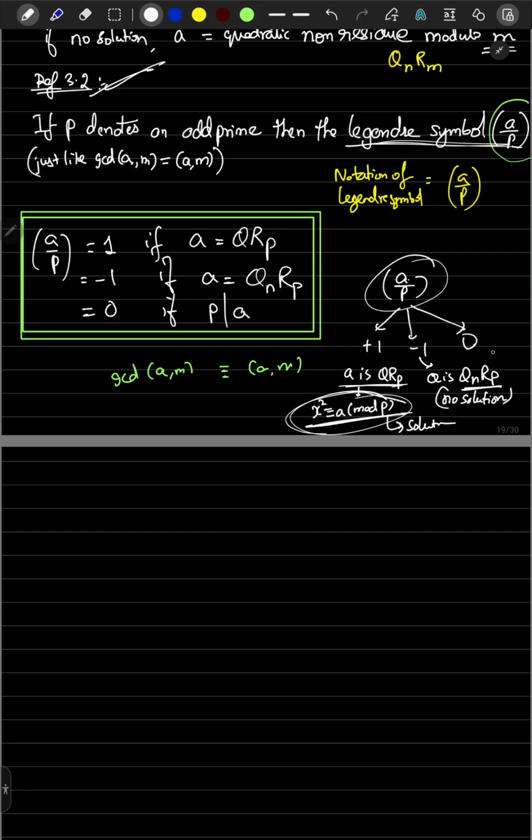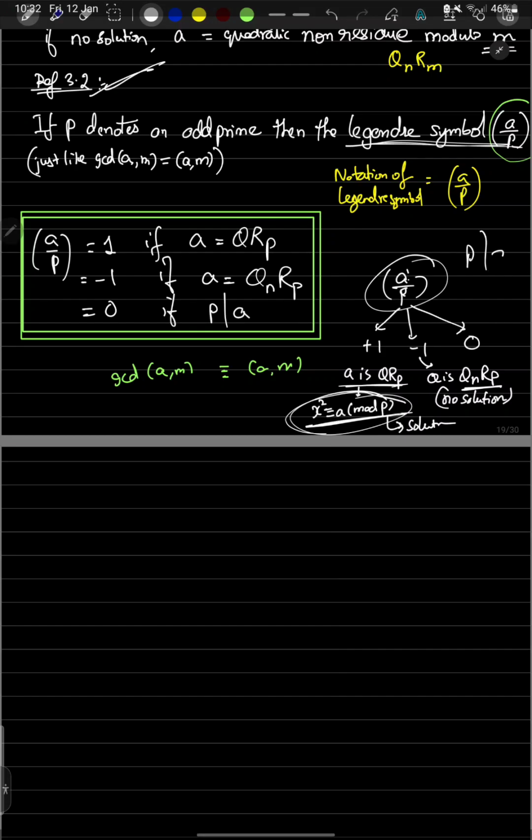Do you understand? The equation is fixed, x square congruent to a mod p. a can take any values and p is fixed. Depending on a, it will change, either having a solution or no solution. And it is 0 when p divides a.